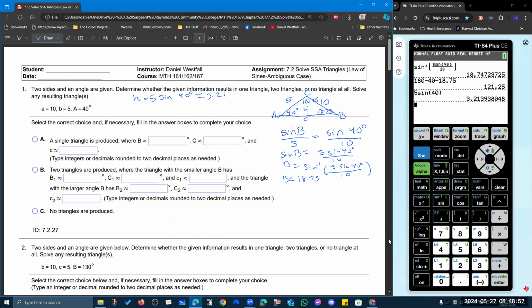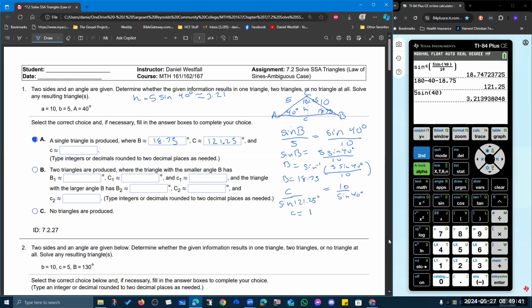Now let's do the other method and see that it also tells us there's only one triangle. So there's one triangle where B is 18.75 degrees and C is 121.25 degrees. And little c we have to find here using the law of sines. So c is to sine of 121.25 degrees as 10 is to sine of 40 degrees.